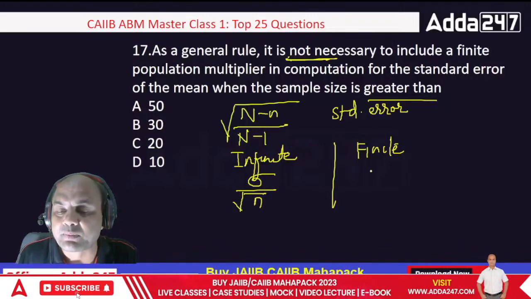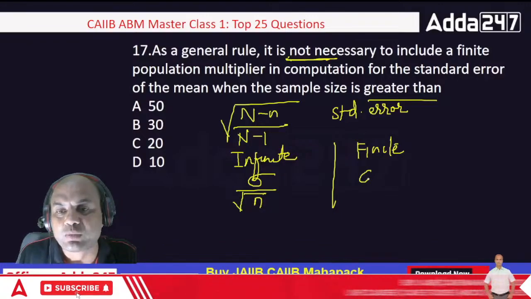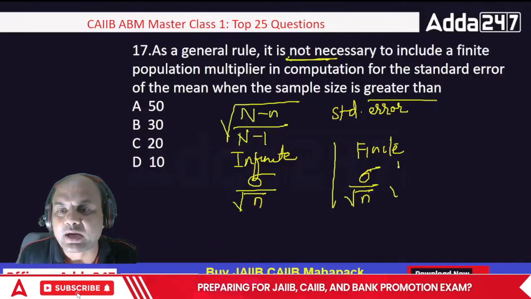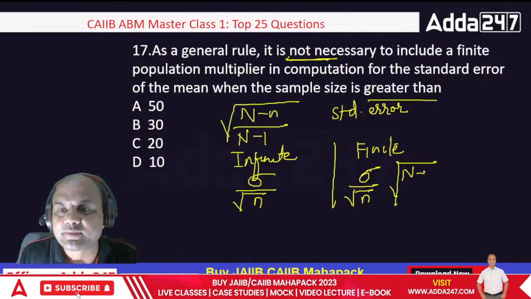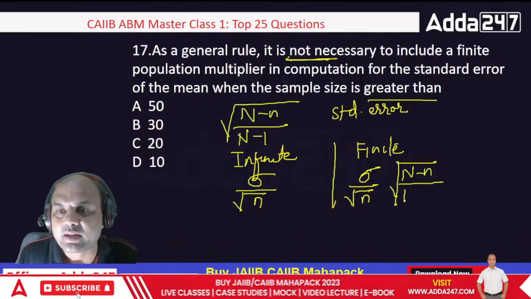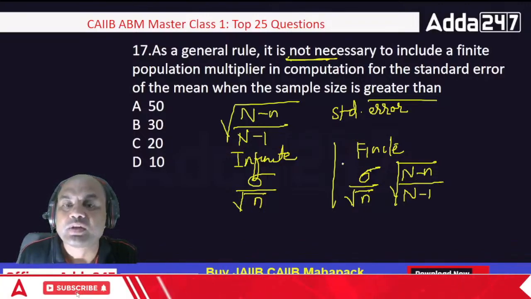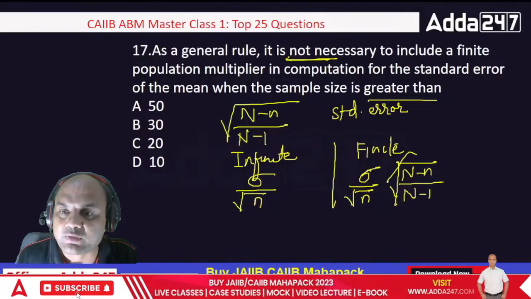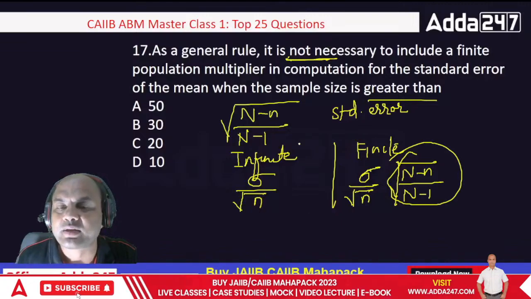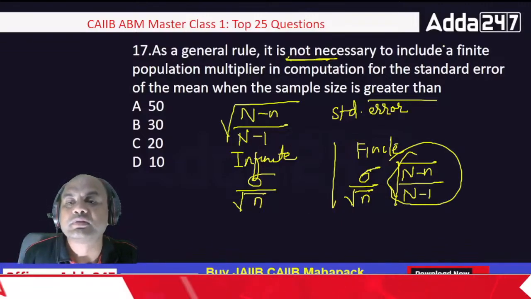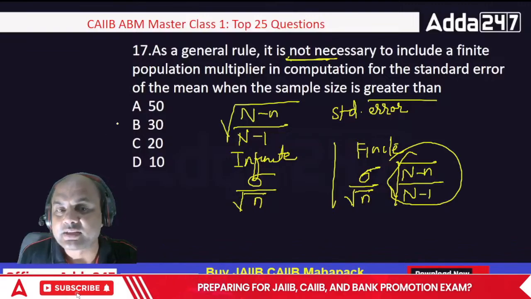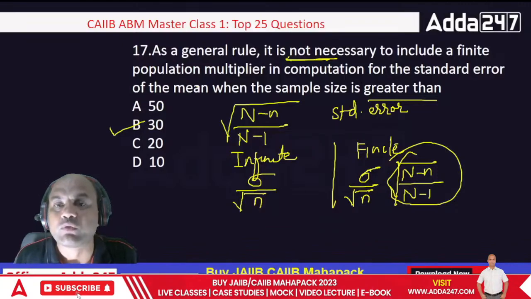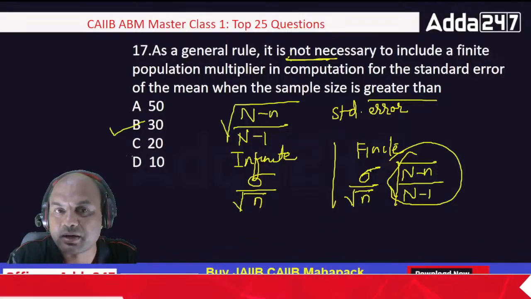And for finite population, it is sigma upon root of n multiplied by the finite population multiplier, root of (N minus n) upon (N minus 1). So if I remove this, I get the infinite case. It is not used when the sample size is greater than 30. When the sample size is greater than 30, I won't use the finite population multiplier.